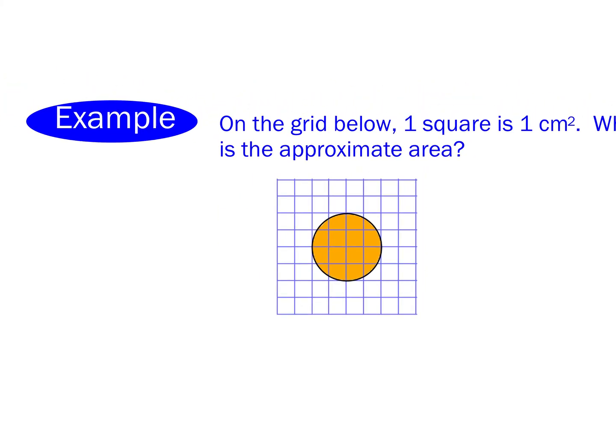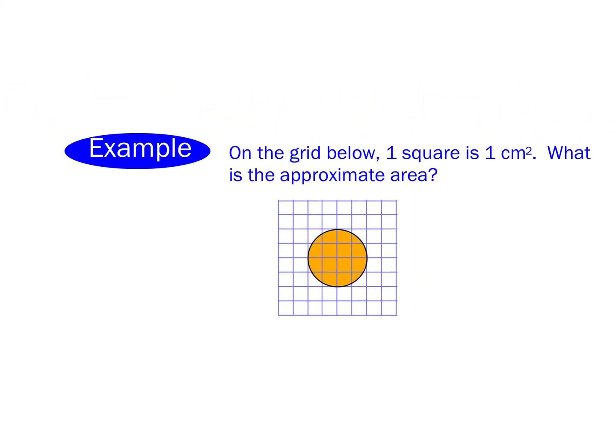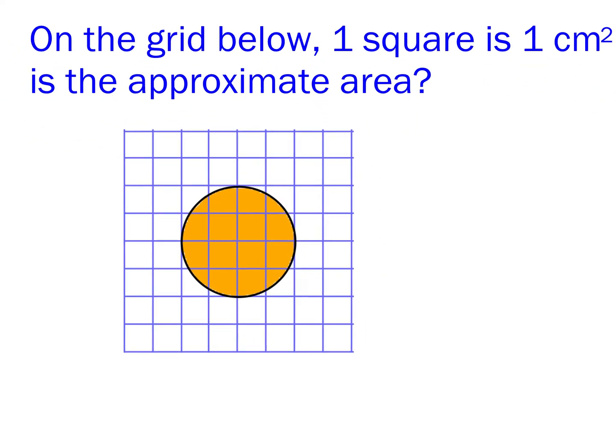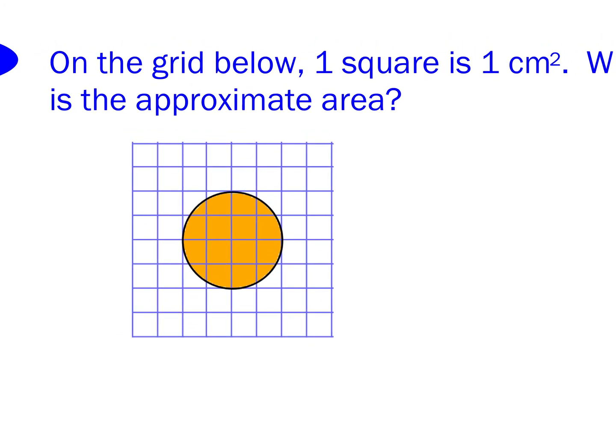Now, we've got a circle. And for the circle here, it tells us 1 square is 1 centimeter squared. And we want to find out what the area of the circle is.